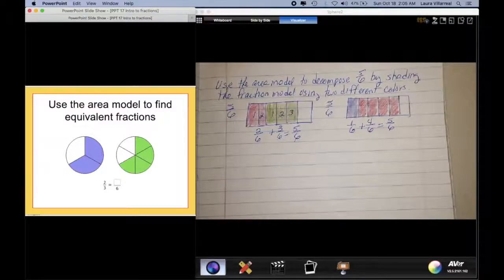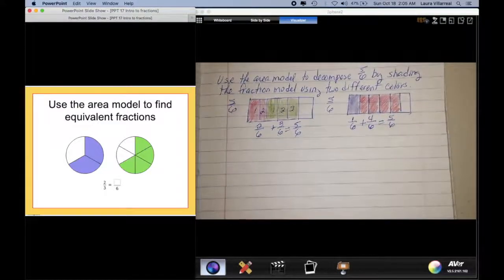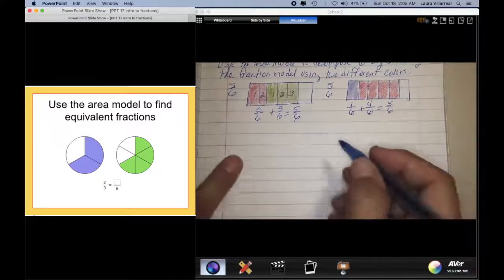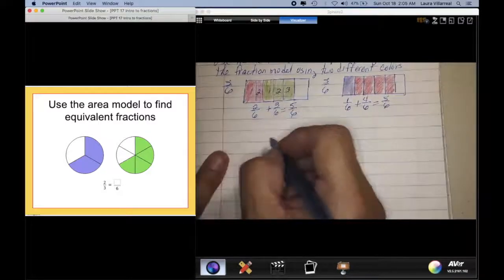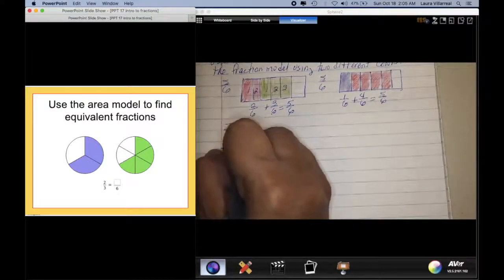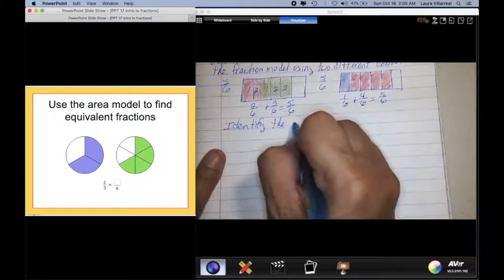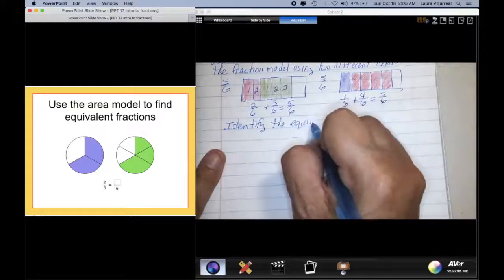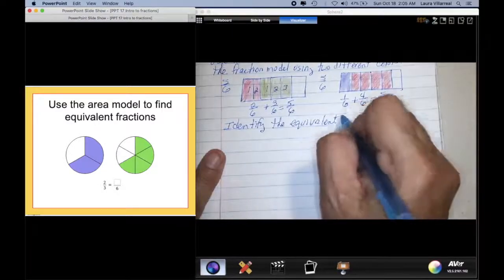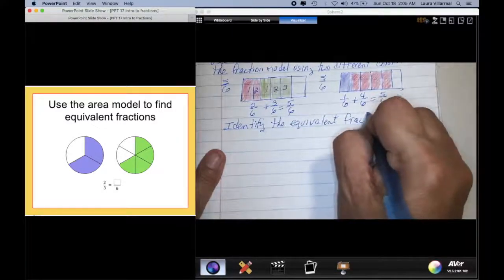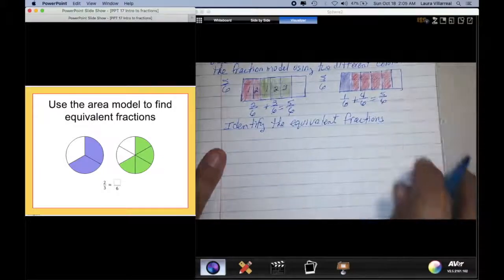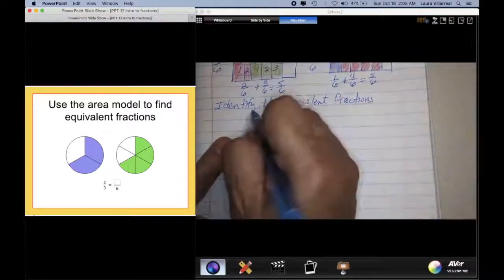Okay. Use the area model to find equivalent fractions. Or let's write it as identify the equivalent fractions. Hard to draw circles. Let's try.